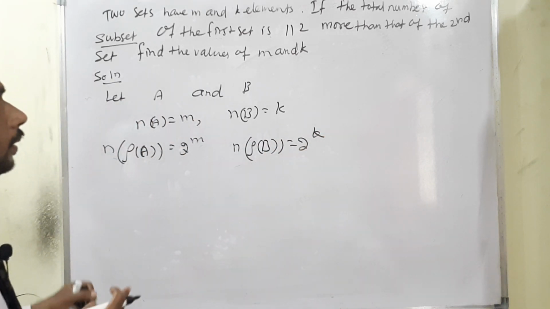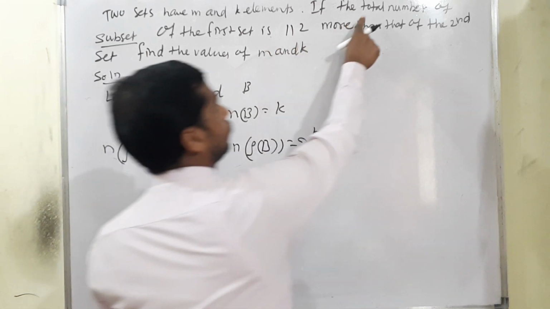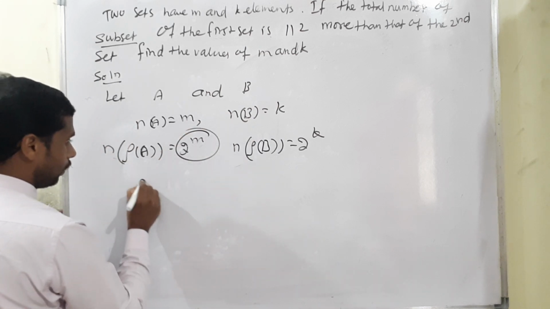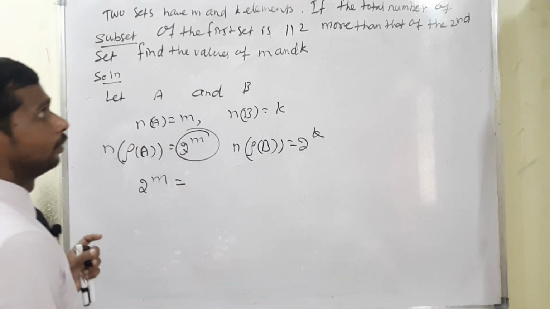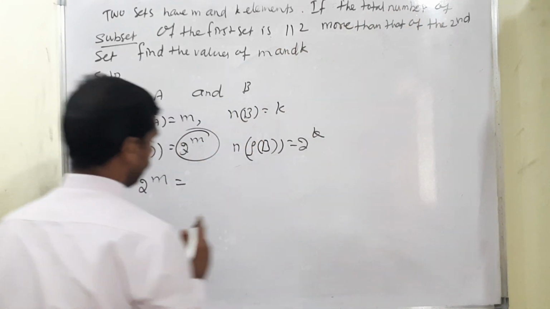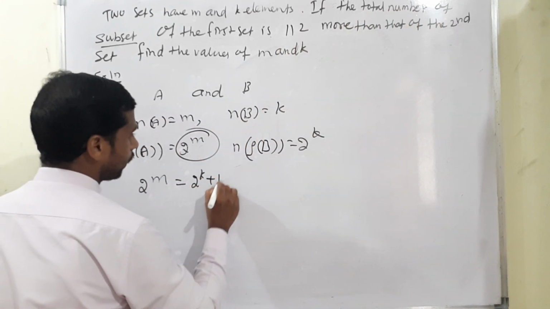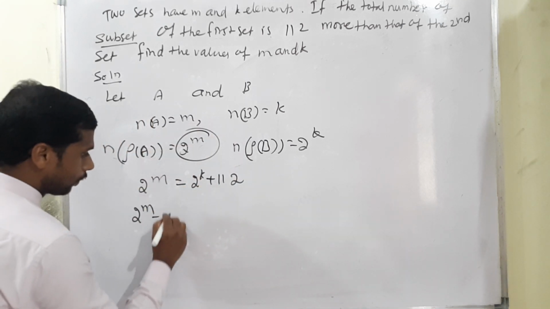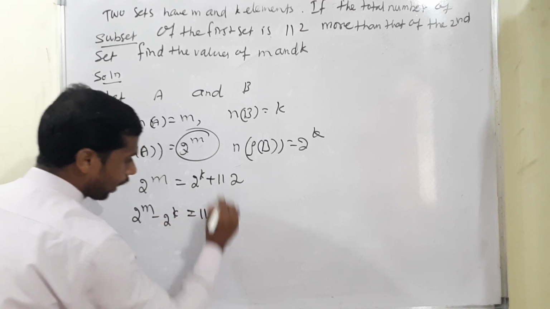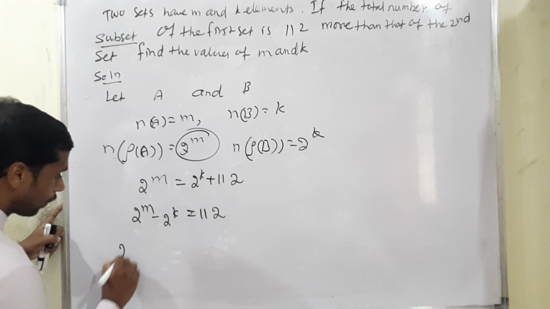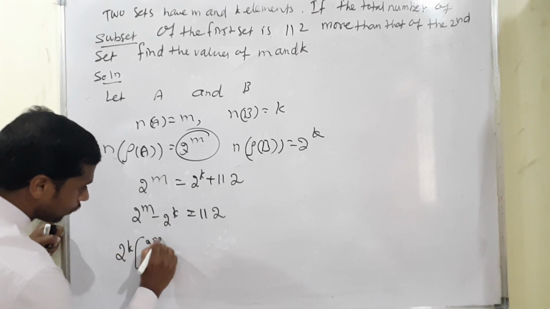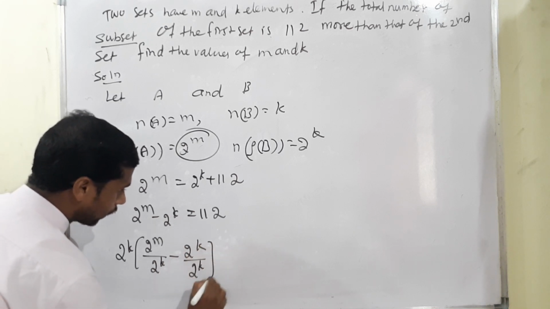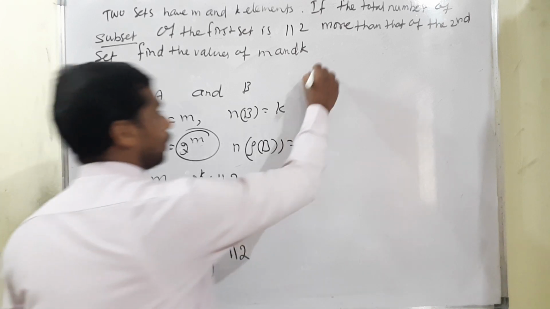Now I am moving to the condition. What is the condition? If the total number of subsets of the first set, what is the first set? 2 power m. So 2 power m is 112 more than the second, which we can write as 2 power k plus 112. Now 2 power k, bring to the opposite side: 2 power m minus 2 power k is equal to 112. Again, taking 2 power k common outside, what will happen? 2 power m divided by 2 power k minus 2 power k divided by 2 power k, all times 2 power k, is equal to 112.